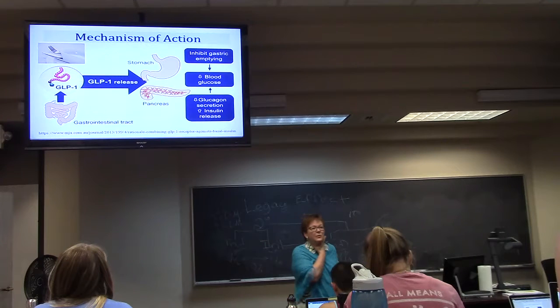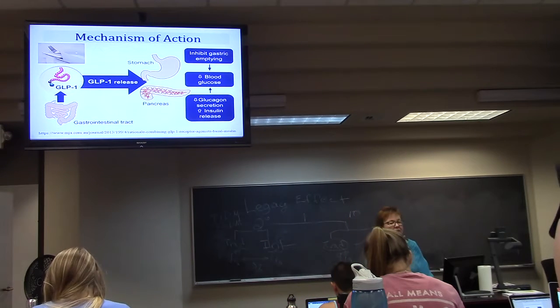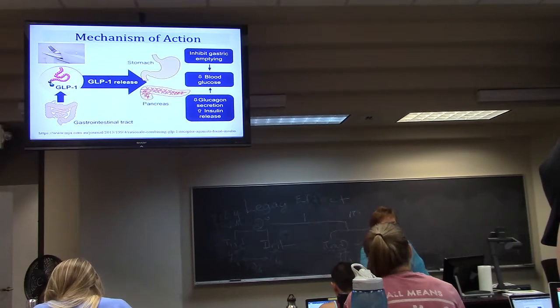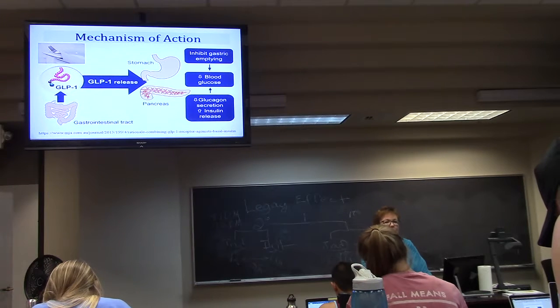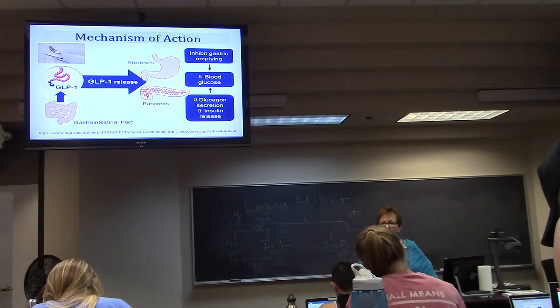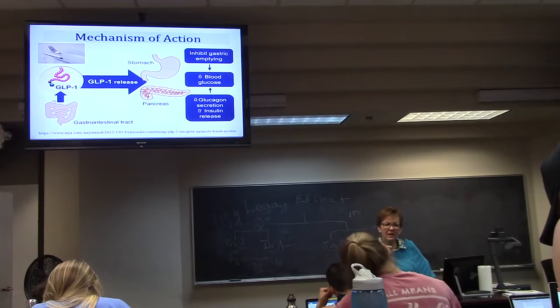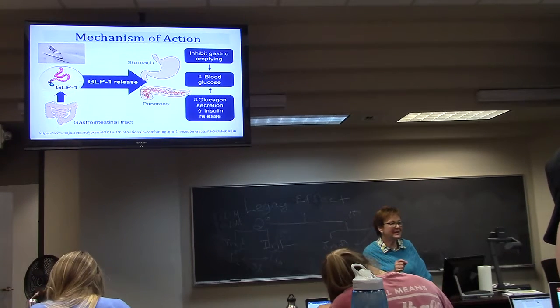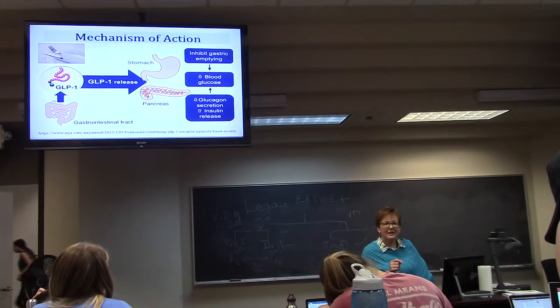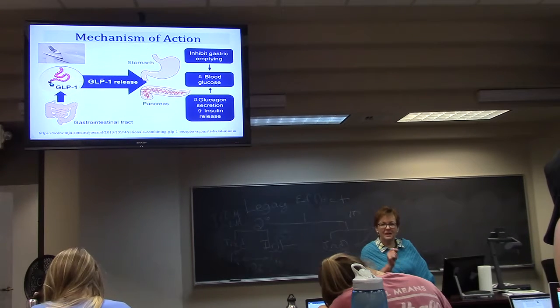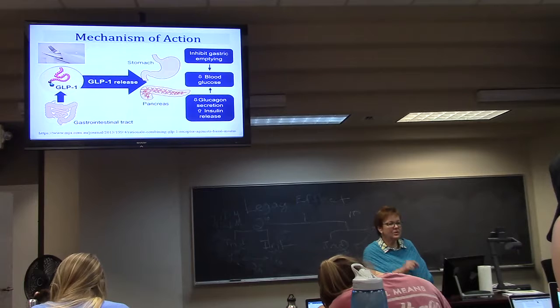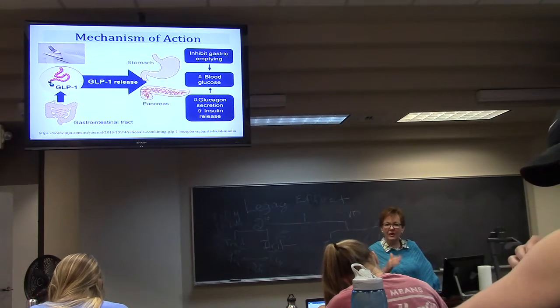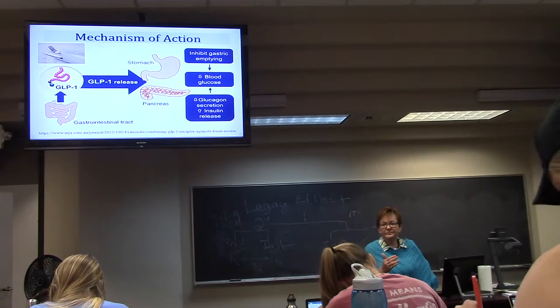It works on the anorexic center in the brain. I think that's in the hypothalamus, but don't hold me to it. What it does is it causes the person to have an early sense of satiety. So what's satiety? You feel full. You feel like I'm satisfied from what I have eaten. So these folks will feel earlier into the meal that they've eaten enough.